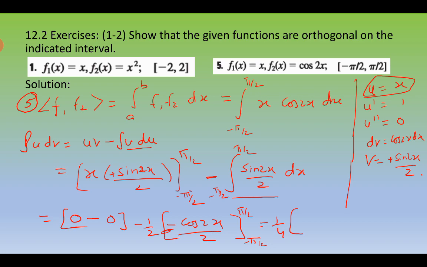Now cosine of 2 times pi by 2, cosine pi, is minus 1, minus cosine of negative pi, which is also minus 1, because cosine is an even function. Minus 1 plus 1 will be 0. The answer is 0.